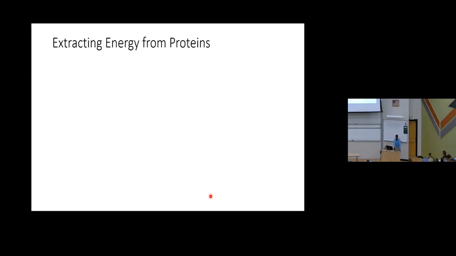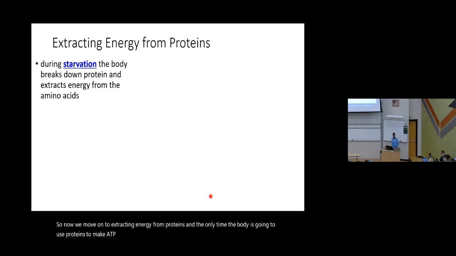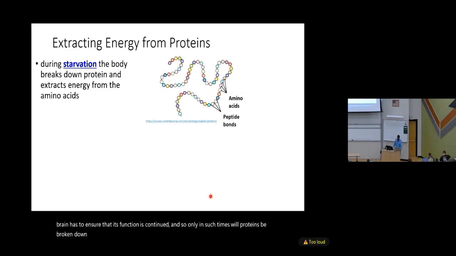So now we move on to extracting energy from proteins, and the only time the body is going to use proteins to make ATP is during starvation, right? When you have times of starvation, the brain has to ensure that its function is continued, and so only in such times will proteins be broken down into amino acids, and those amino acids can be sent to the liver, and then used to make glucose.